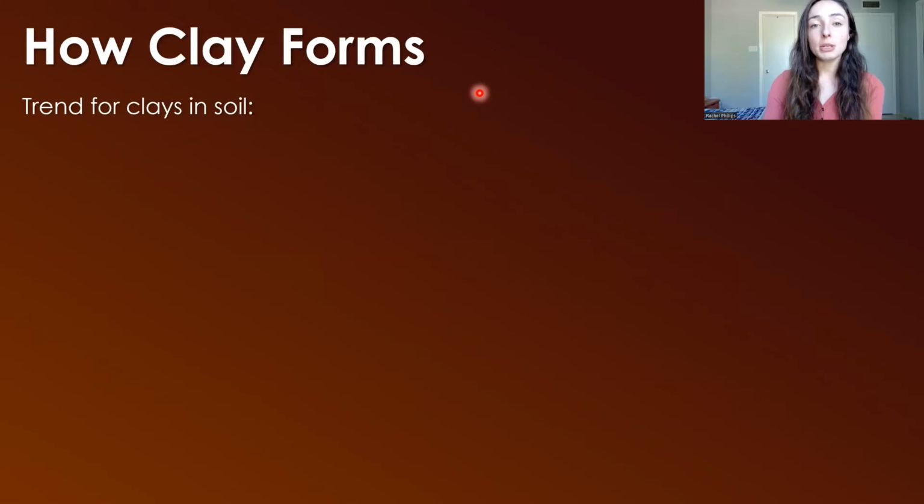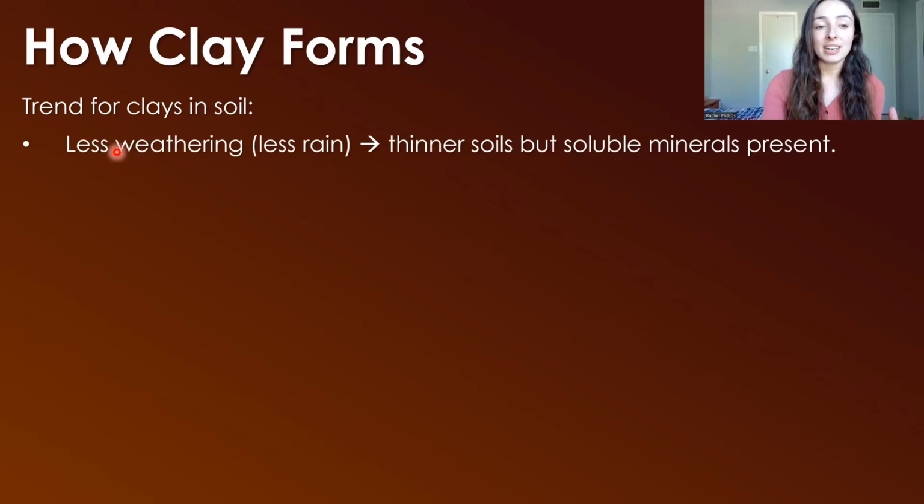So first, let me recap the first clay video I did, talking about what clay is, how clay forms, and where clay accumulates. Just to summarize that video, which I'll link up to the top right if you want to check it out in full: basically, clays typically form in soil, and the less weathering or rain you have, the thinner the soil, but the more soluble minerals present.